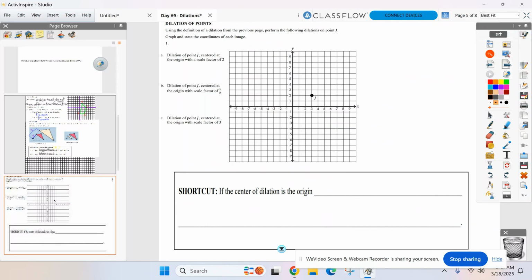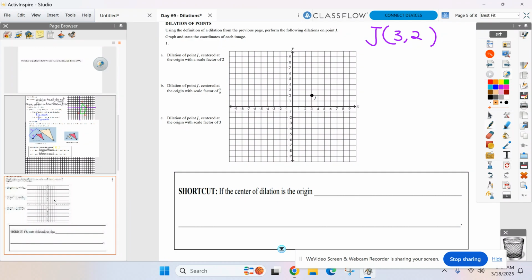I have point J on the graph. Can we just, because this is going to come into play in a minute, make sure you put down what point J is. What is that, 3, 2? All right, you'll need that fact in a minute. Read part A. Read what we're going to do. All right, we're going to dilate it.